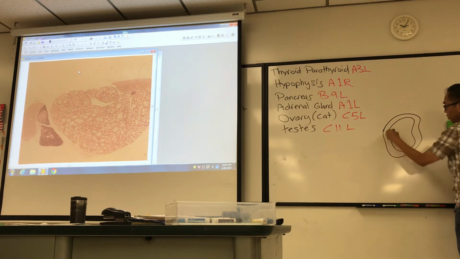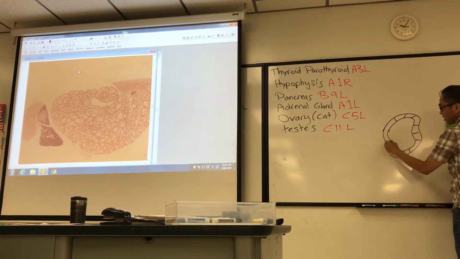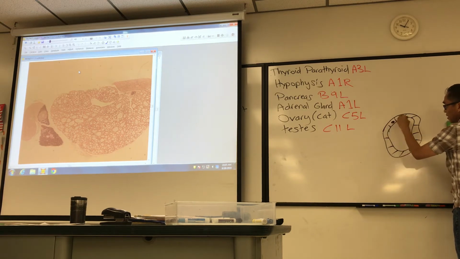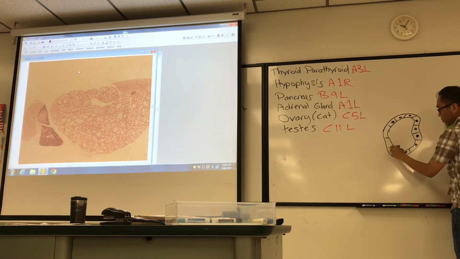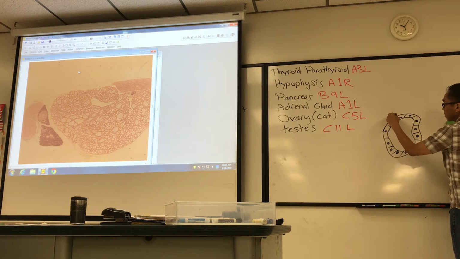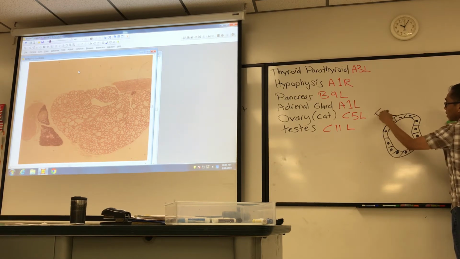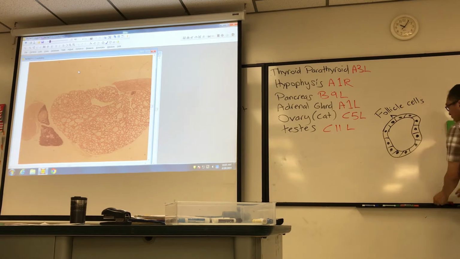And when you cut a follicle open, what you kind of see is a bunch of simple cuboidal cells. We call them follicle cells, not to be confused with the follicle cells in the ovary, but they secrete their inactive hormone in the middle.